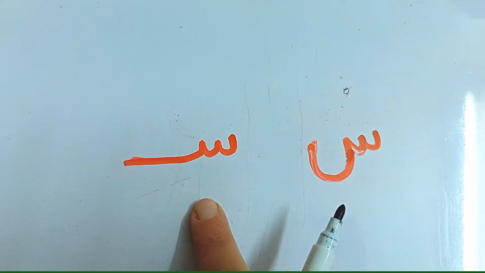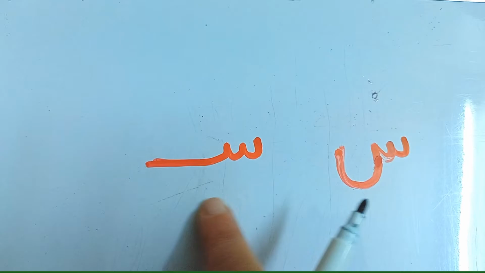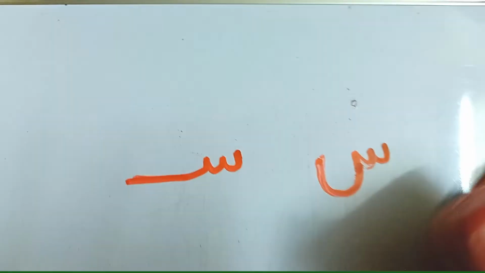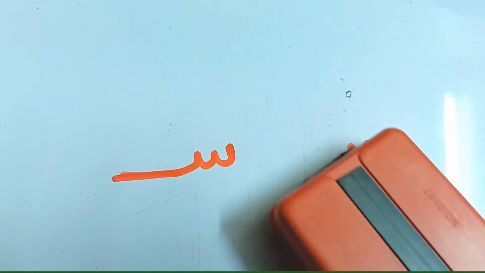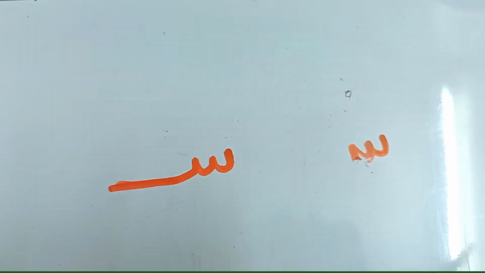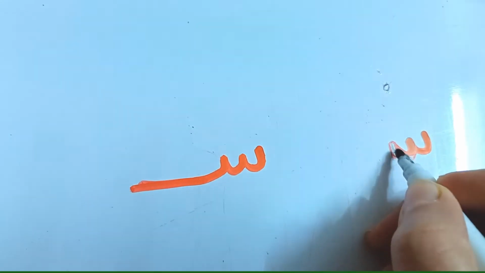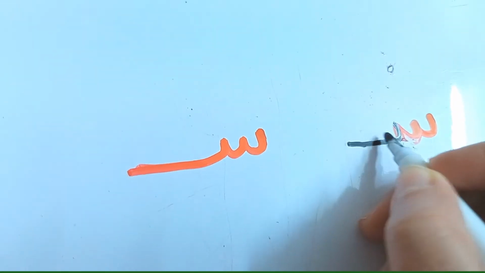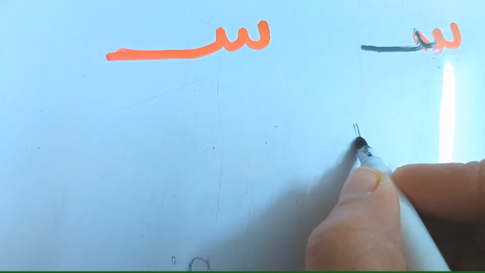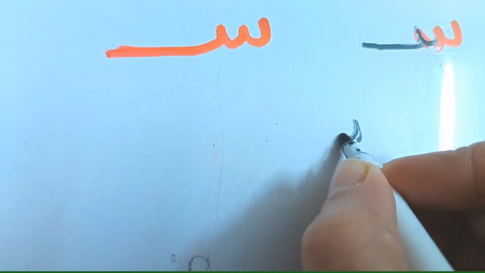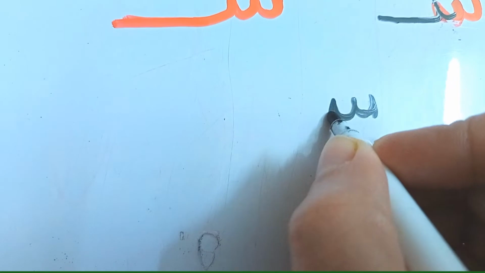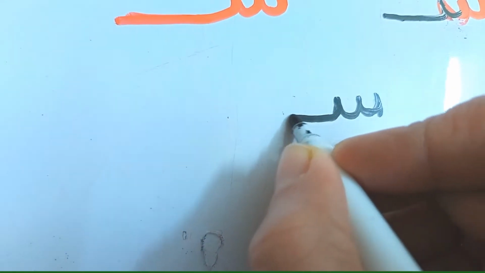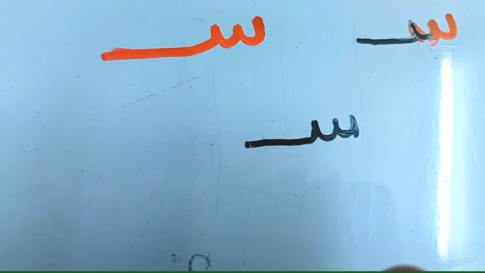When it comes at the beginning of the word, it has this shape. This big semicircle is removed, and instead of it, we write a line. Two small semicircles, then a line.